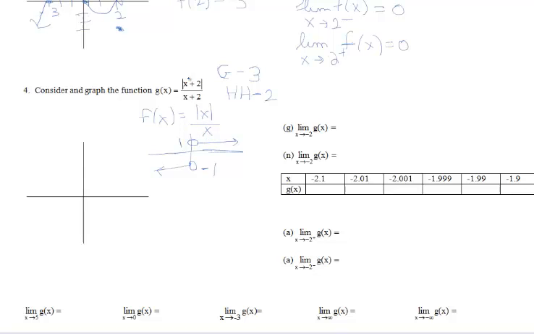Revisiting this function, if this is our parent function, then this is a shift left 2. Our point of discontinuity, which is a jump discontinuity, which we really didn't talk about last year but now we can, is shifted to the left 2.